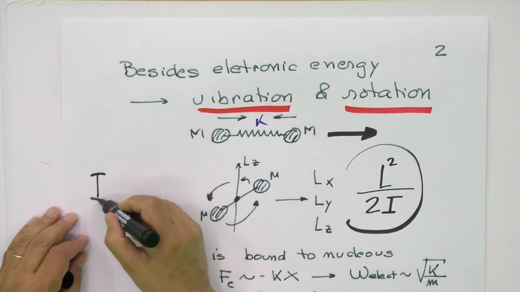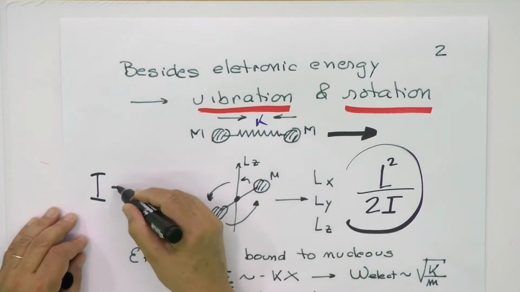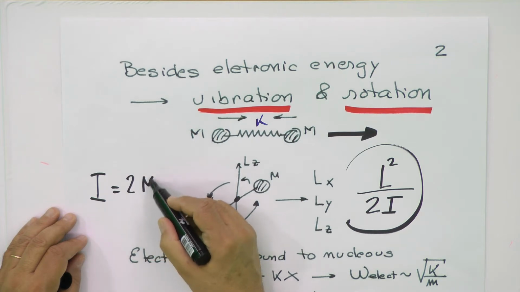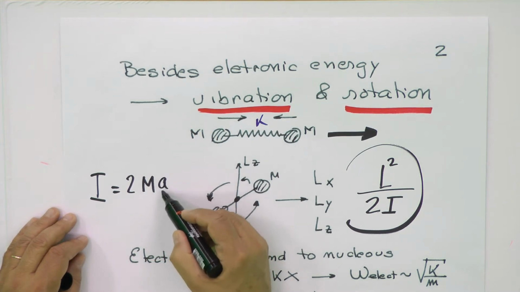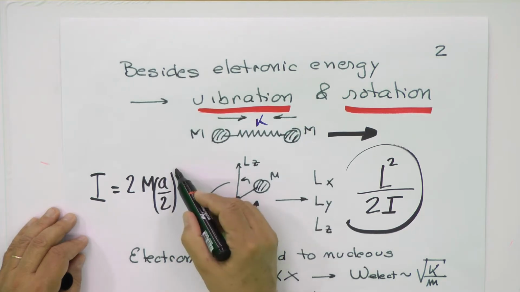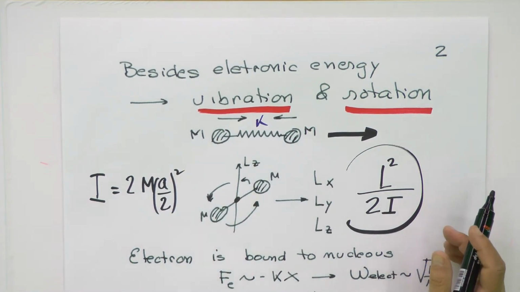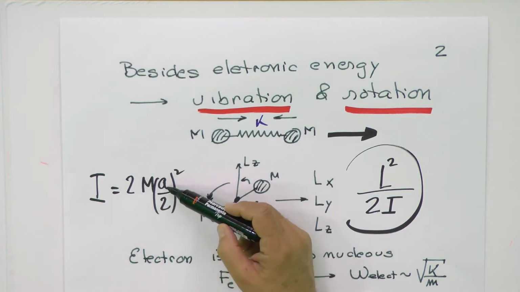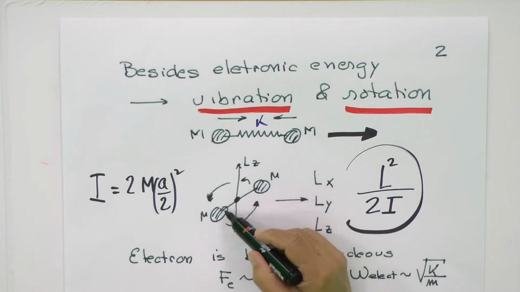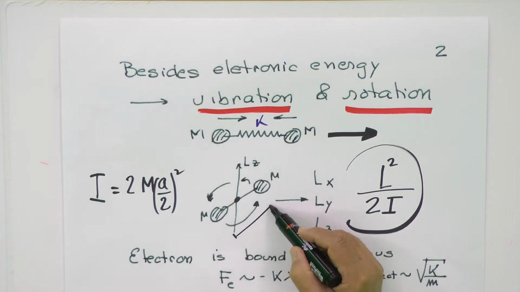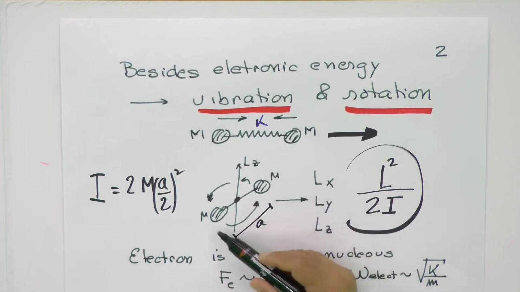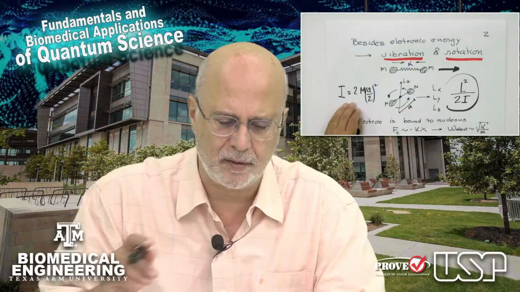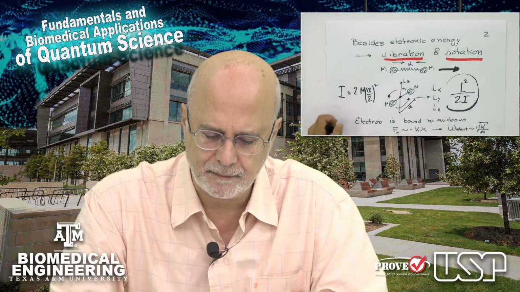Normally the moment of inertia in this system will be basically 2 times the mass times the position of each mass squared. It turns out the moment of inertia is m a squared, where a is the distance between the two masses, and half of it is the distance from the center of rotation. And that's how we evaluate the moment of inertia.